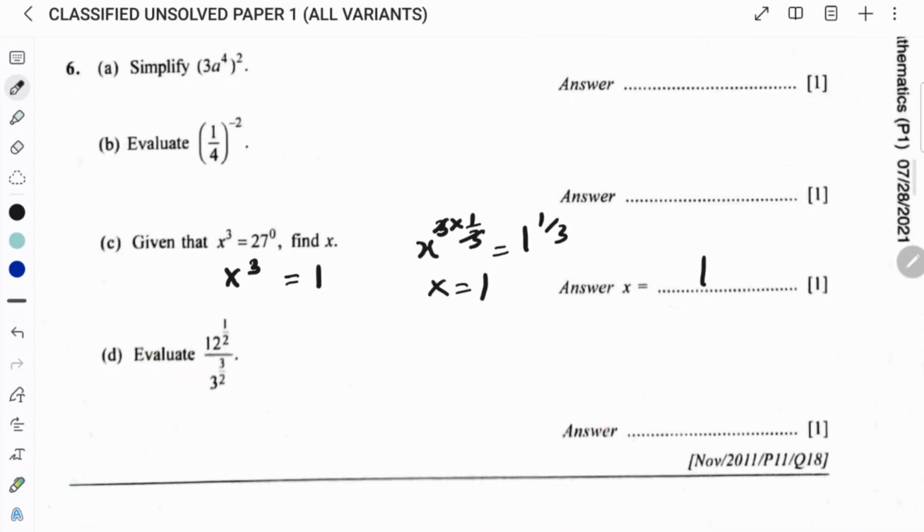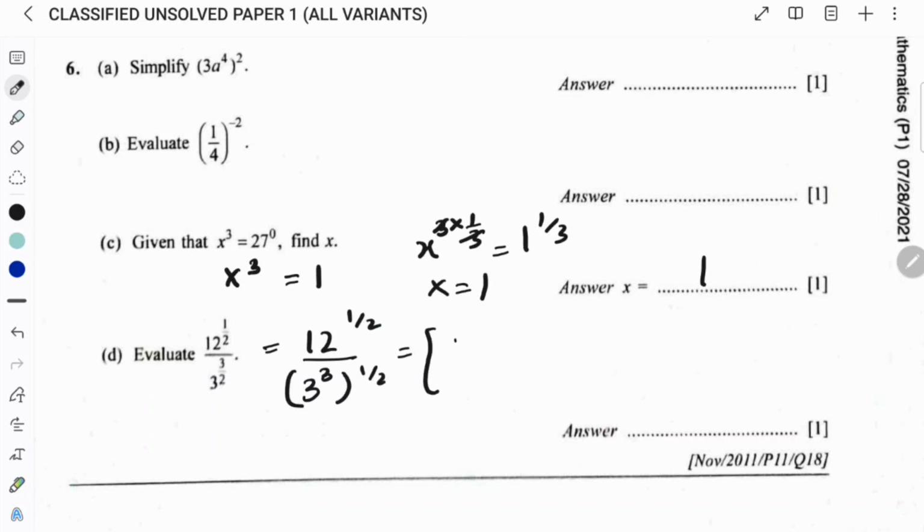Okay, so the next question is evaluate 12 to the power half divided by 3 to the power 3 over 2. So that is 12 to the half. We know that it is 12 and it is 3 cubed, and the whole power I can take half for this one, because it also has a half power.